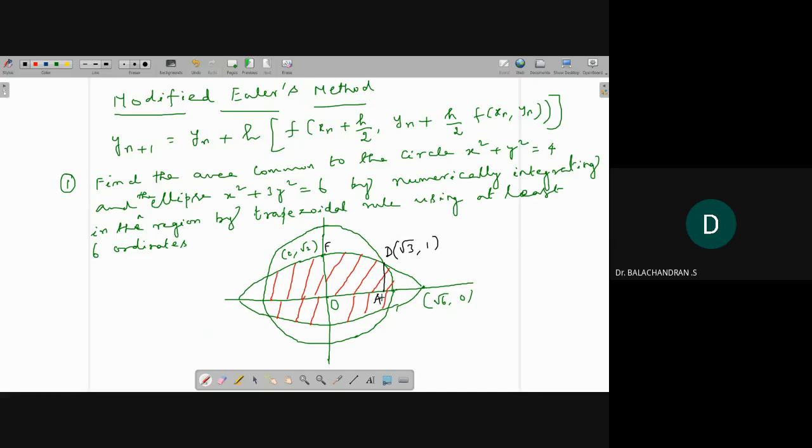This point is A, and this point is B. B is 2, comma 0, because the point B is on the circle. This arc from B to D is C. This arc is E.